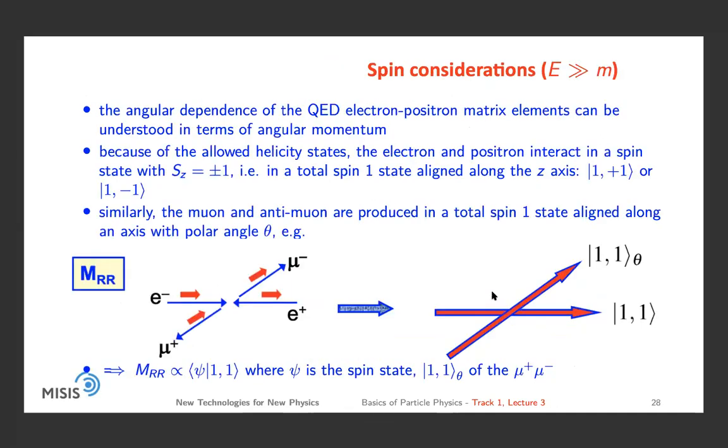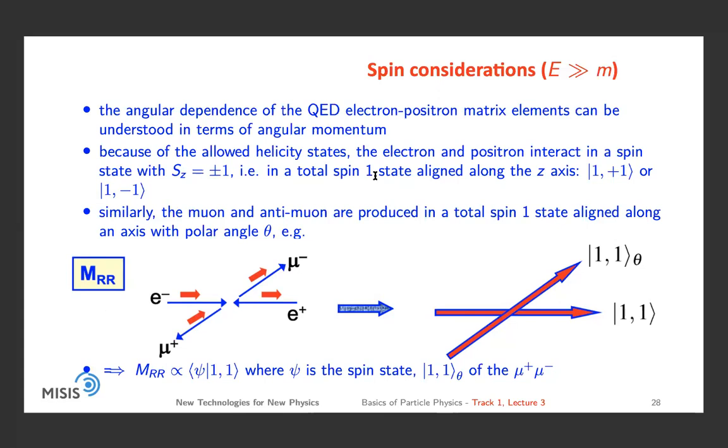Now, a small discussion about the spin considerations. This angular dependence, which we obtained through direct calculations, can be understood in terms of angular momentum, as I already mentioned previously. Because of the allowed helicity states, the electron and positron interact in a spin state with the Sz projection, so with the spin component along the Z axis equal to plus or minus 1.